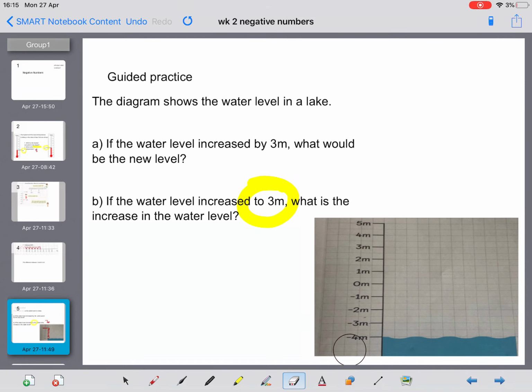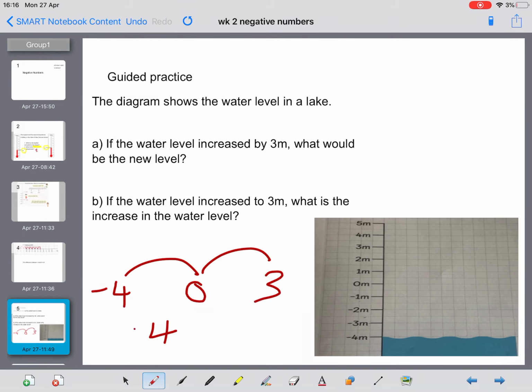Or you can do it without counting. If you're getting used to this now, you go from -4 to 0 to 3. And you can see that's a difference of 4 there and a difference of 3 there. So altogether it's a difference of 7. Either way is fine.